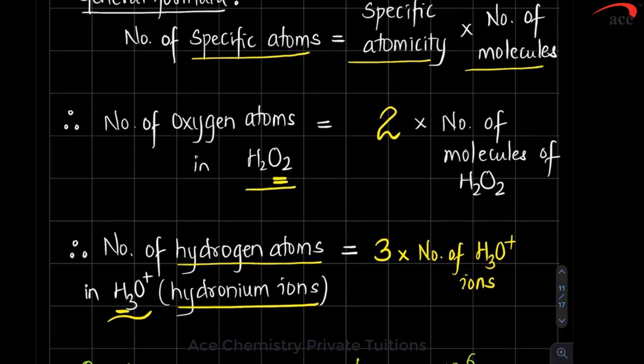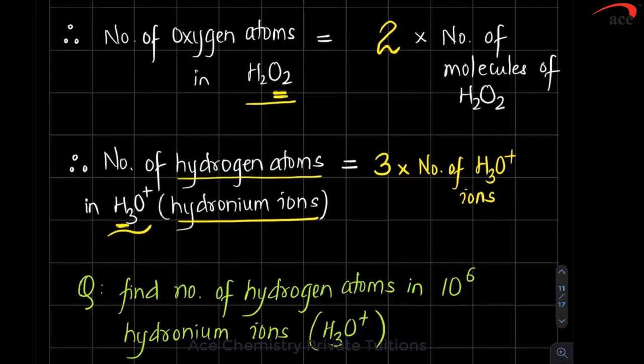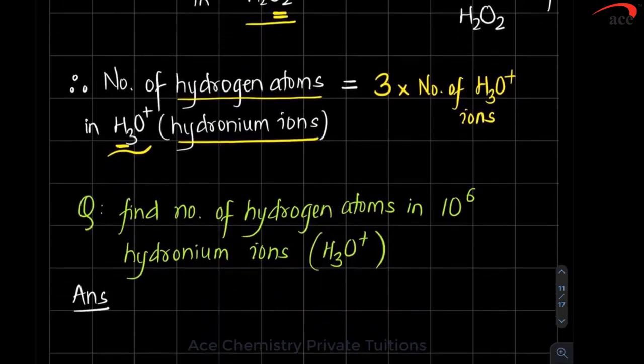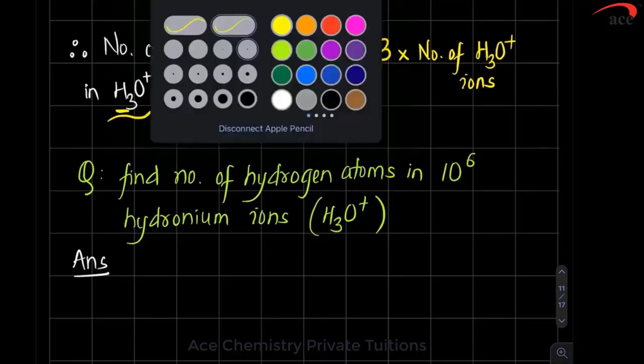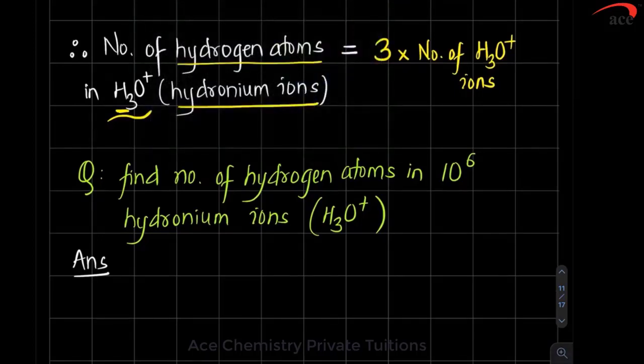I suppose now you would have understood the method of calculating the number of specific atoms. So, can you tell me how to find the number of hydrogen atoms in 10^6 hydronium ions? What is the formula for the number of hydrogen atoms?